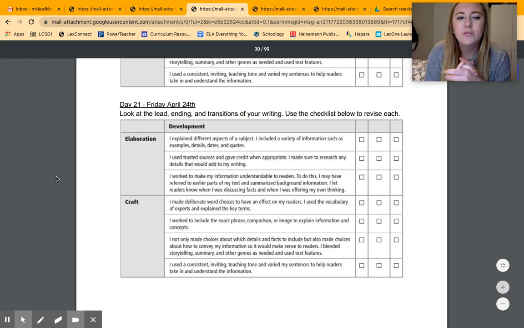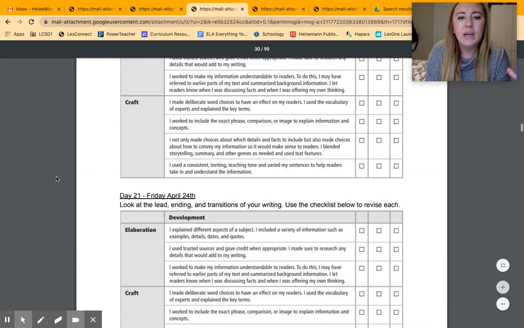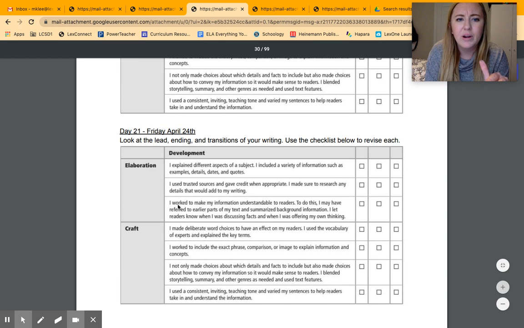All right, for writing today, you're going to be using this checklist again to go over each of these sections. So you're going to be going over your lead, your ending, and your transitions. You are going to be looking at this checklist, and I'm going to email one out as well that can help you too, because this one I think just goes over elaboration and craft again.